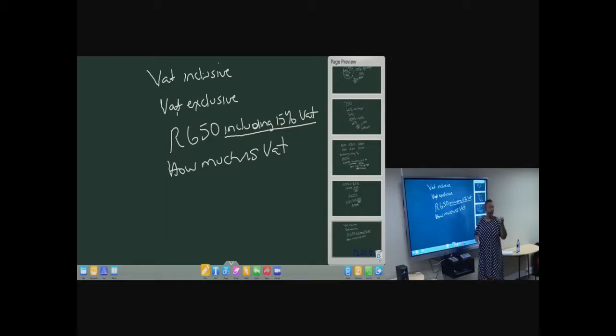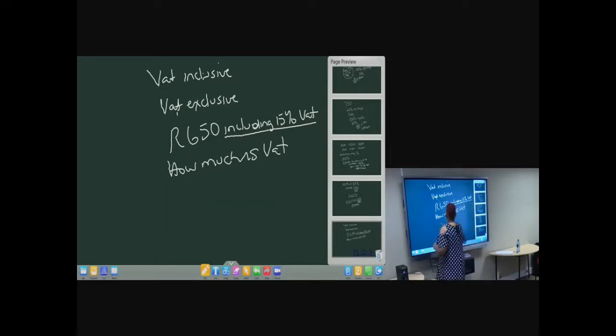So before you can calculate how much VAT, you have to apply the method I have just mentioned when you are working backwards using a percentage. When you are increasing, you take the percentage you are increasing with and add it to 100. So when you were increasing, you multiplied by 115%.